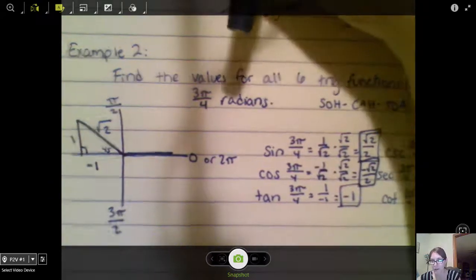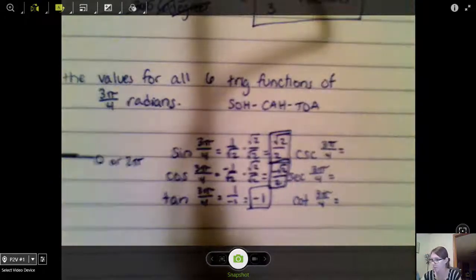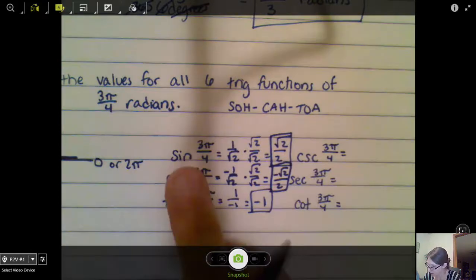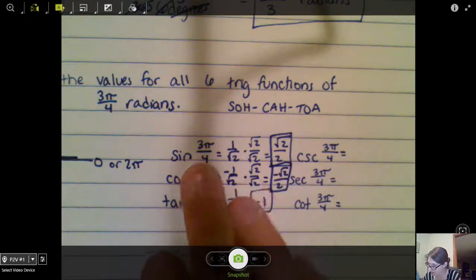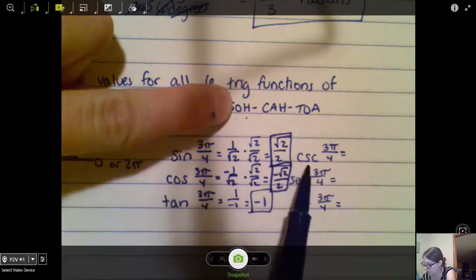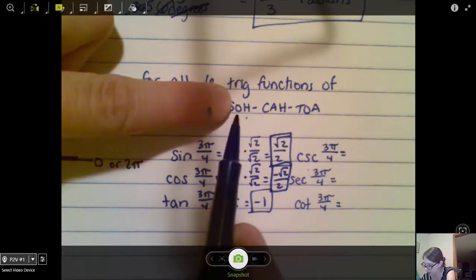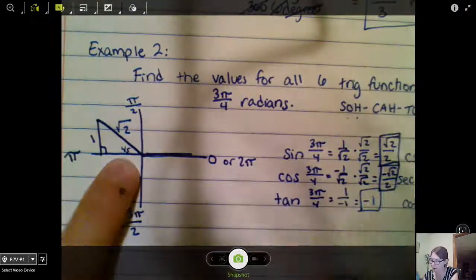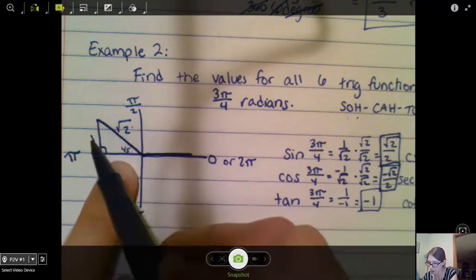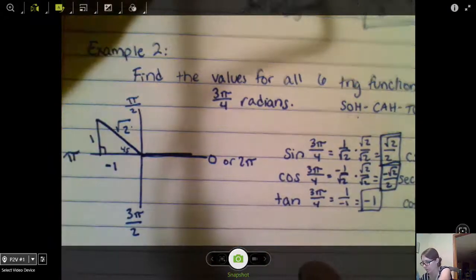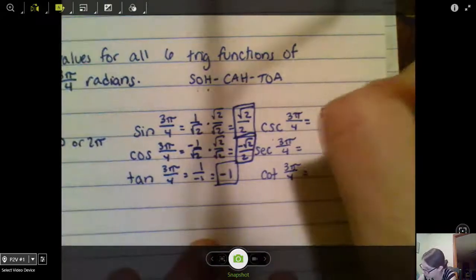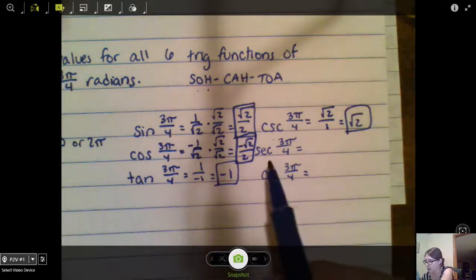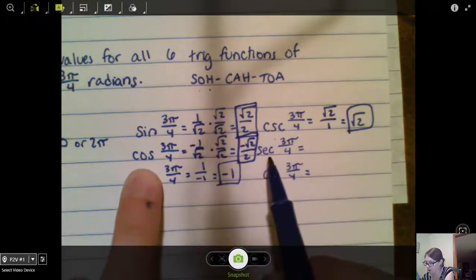Okay, now we have our reciprocal functions. So cosecant and sine are reciprocals of each other. And sine is opposite over hypotenuse. So that means cosecant is hypotenuse over the opposite. Looking at my angle here, hypotenuse over the opposite is the square root of 2 over 1. Secant is the reciprocal of cosine.